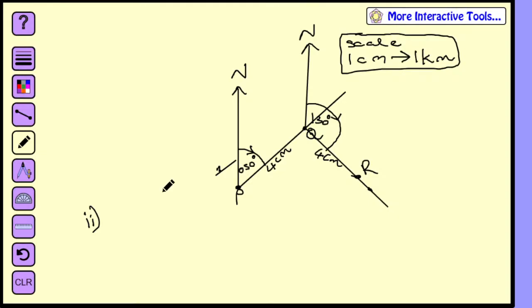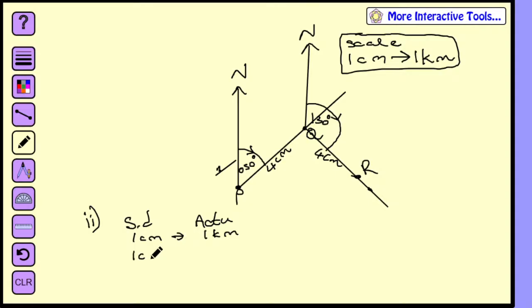In Roman 2, they want us to write this scale in the form of a ratio. How do we do that? The scale diagram and the actual. So what have they said? 1 centimeter represents 1 kilometer. Now, if you have to write it as a ratio, both should be in the same units. So the actual distance also should be in centimeters.